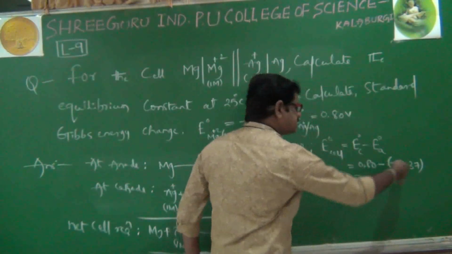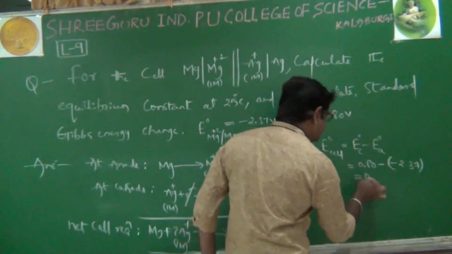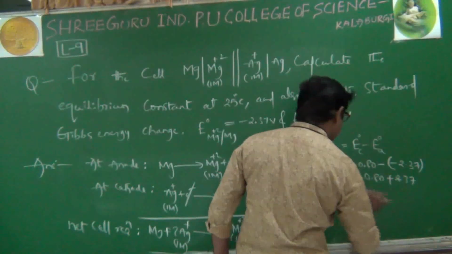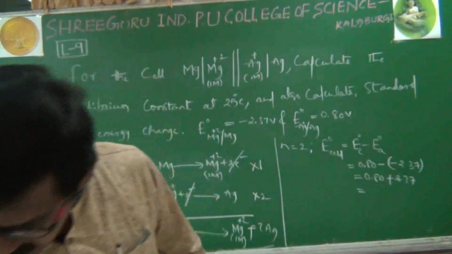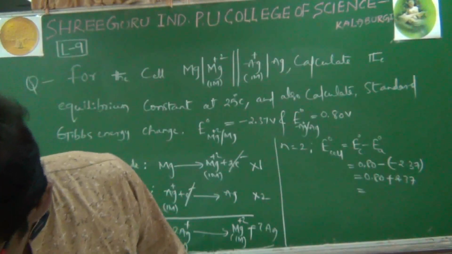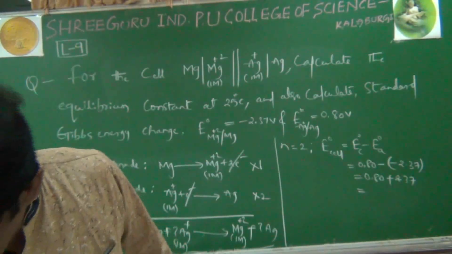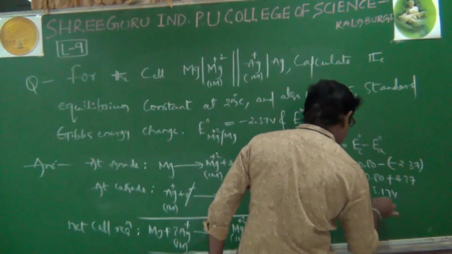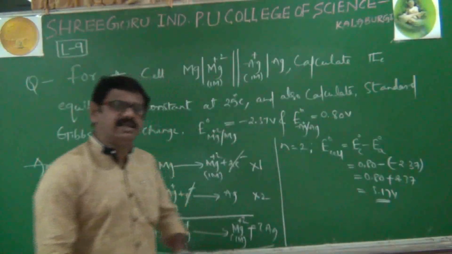Then minus into minus gives plus, so 0.80 plus 2.37. If you add, you will get the E naught cell value, that is 3.17 volts. It is just the E naught cell value only.